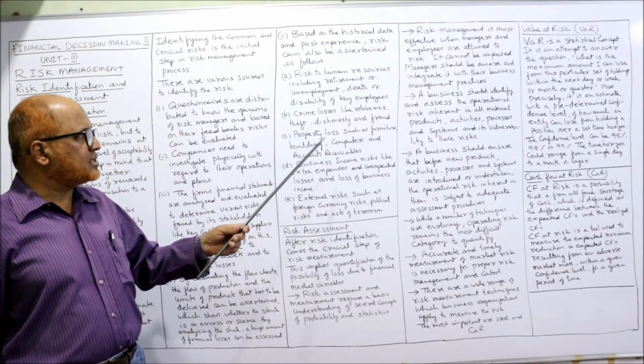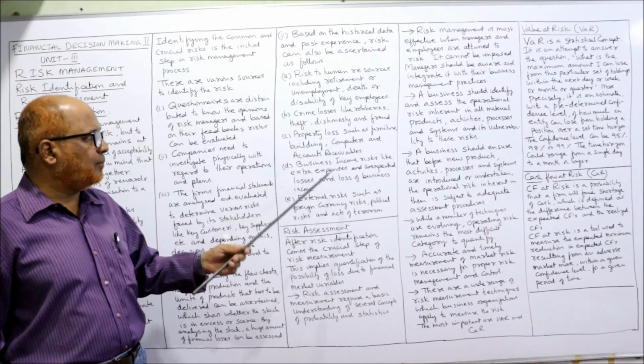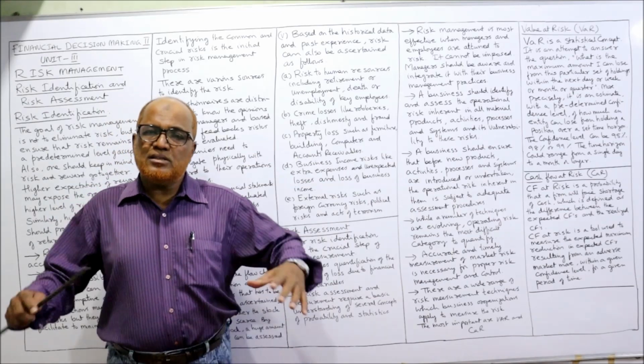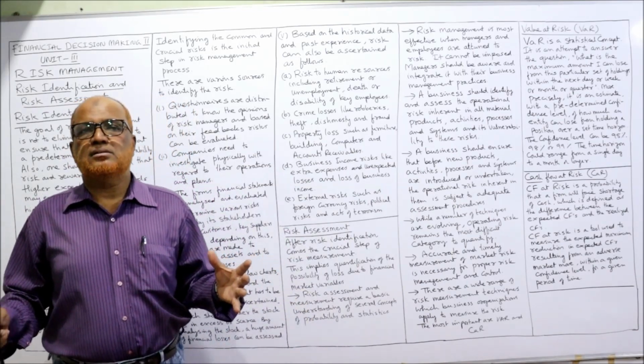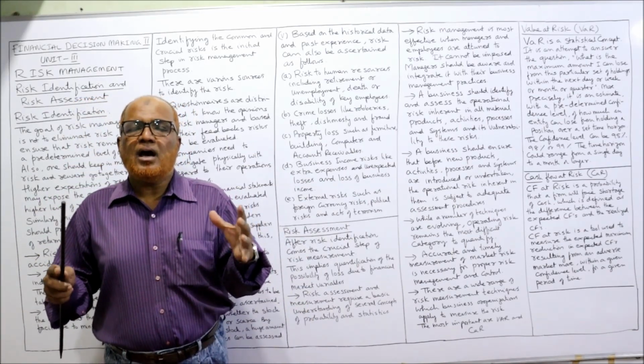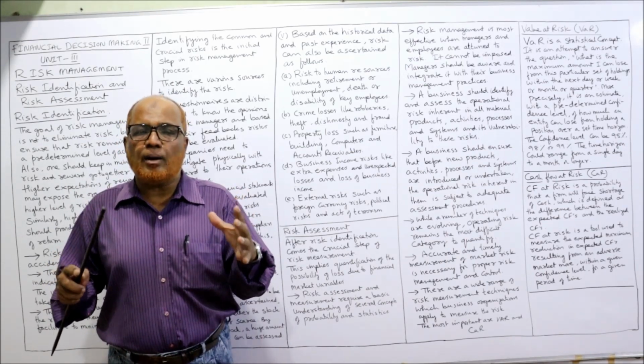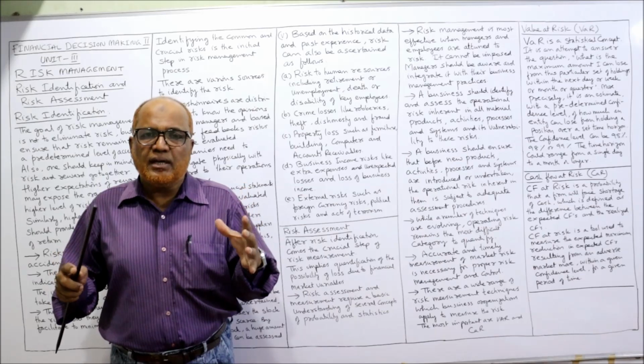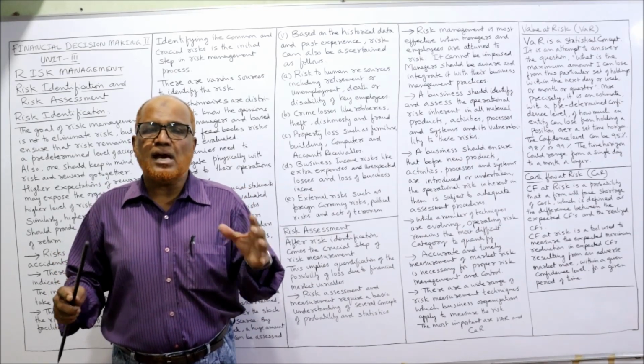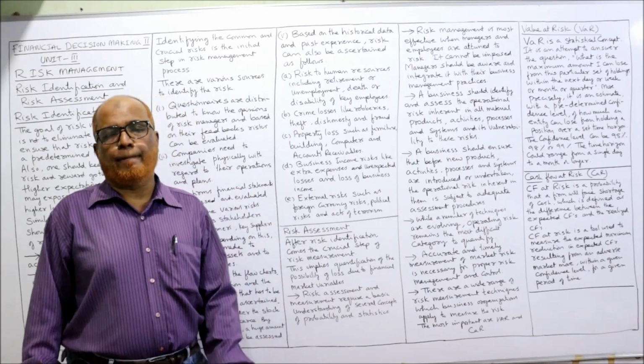Next one is property loss such as furniture, building, computers, and account receivables. These are all the assets used in the business. The company has to protect the assets, protect the furniture, protect the computer equipment, protect the machinery, all these things, and also account receivable.